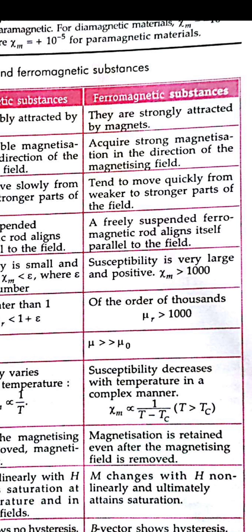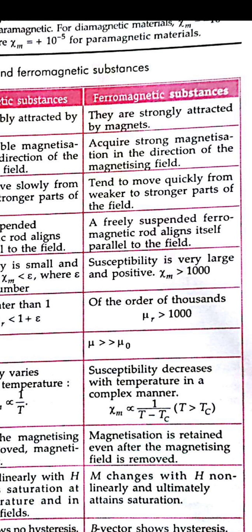For a ferromagnetic material, we will see how it gets magnetized, because it easily gets magnetized by the magnetic field and is attracted towards the magnet in the direction of the magnetic field, right? It moves from the stronger part to the weaker part of the field.